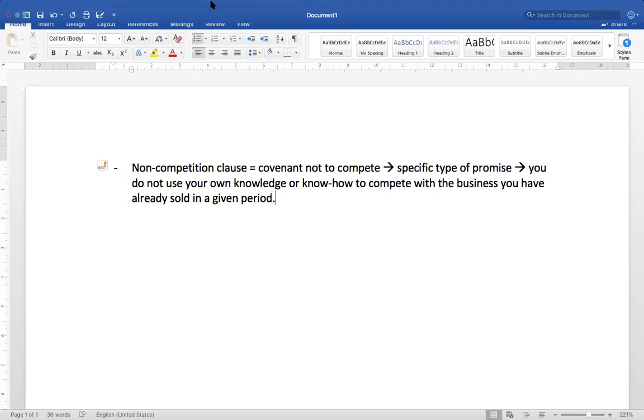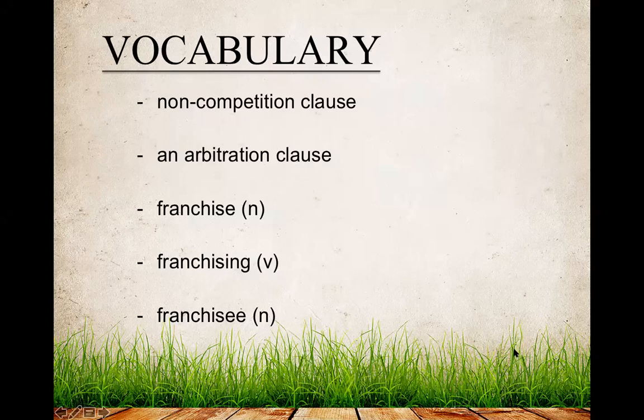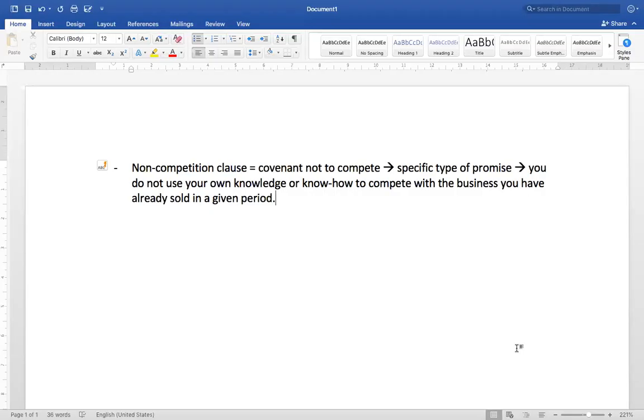Okay, now the next word is about an arbitration clause. An arbitration clause could be regarded as a device used to avoid court trial. When talking about this term, we also have the other term, arbitrator.